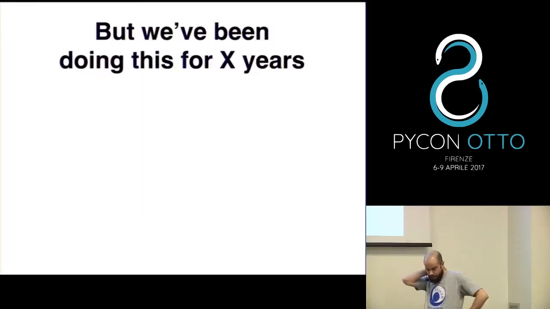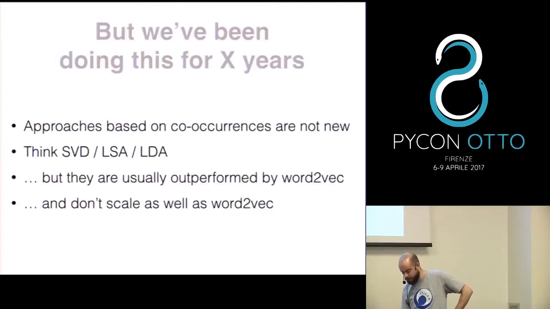Okay, now just wrapping up. This is nothing new in a sense, because we've been doing stuff based on co-occurrences for a while, and I want to mention a few examples.